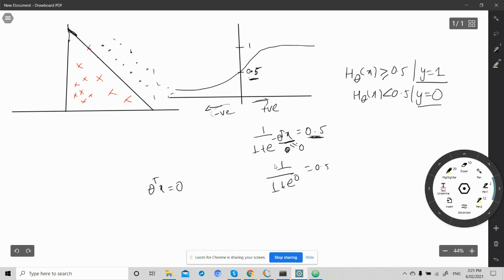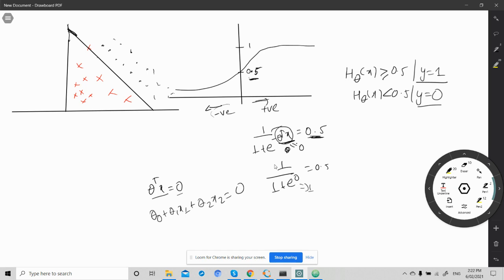For y equals 0.5, that is e to the power of 0, which equals 1, so this exponent needs to be 0, right? So theta transpose x needs to be 0, which means theta naught plus theta 1 x1 plus theta 2 x2 needs to be 0.